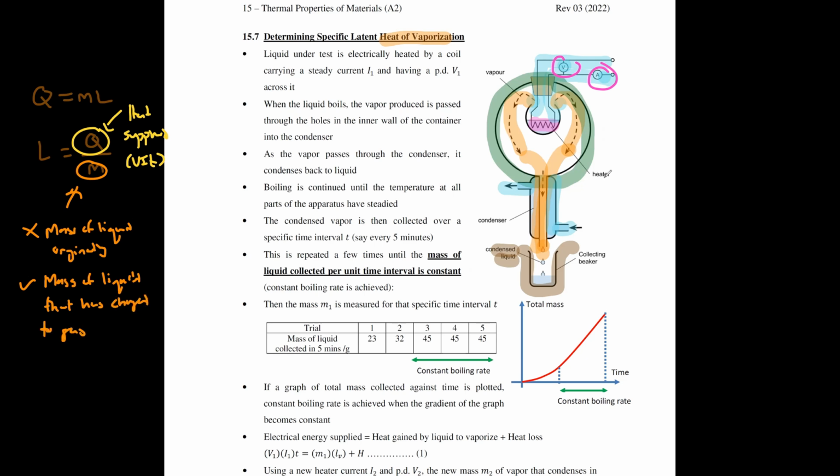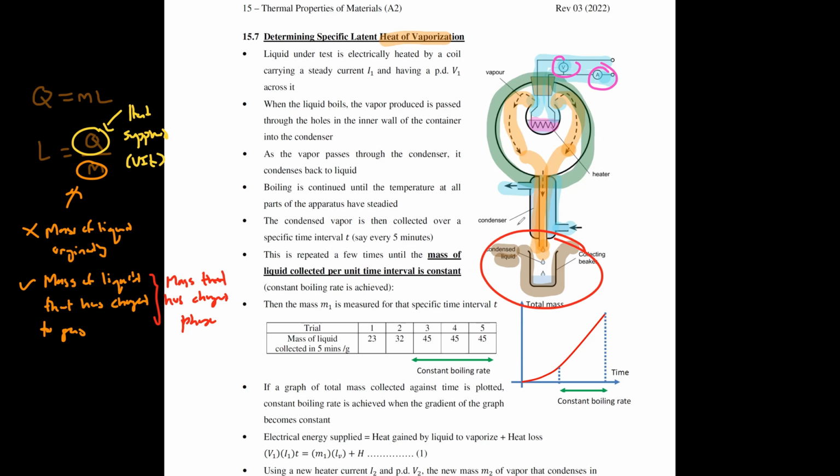Okay, it's more accurate to consider this mass as the mass that has changed phase. Okay, that's what we want to find here. So you are trying to find out the mass of liquid that has changed to gas, the mass that has actually changed phase. That's the reason why we put the beaker here to collect back that condensed liquid.